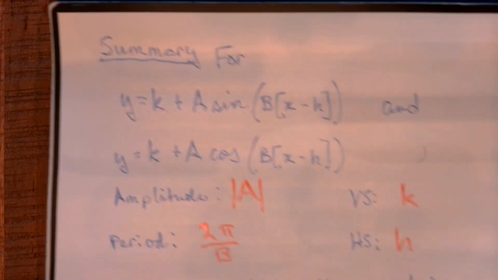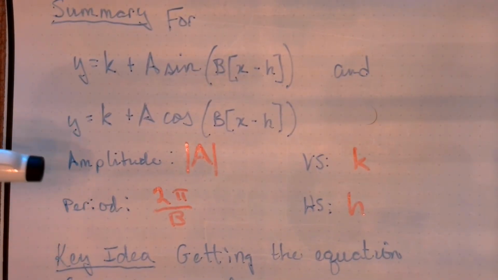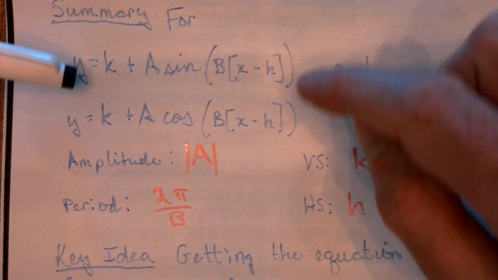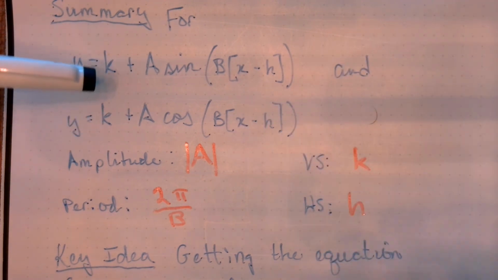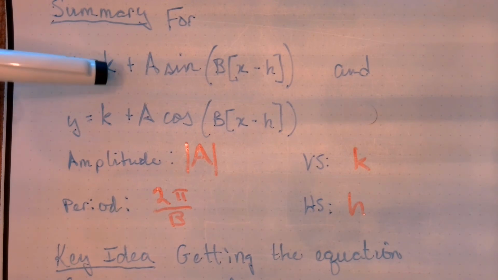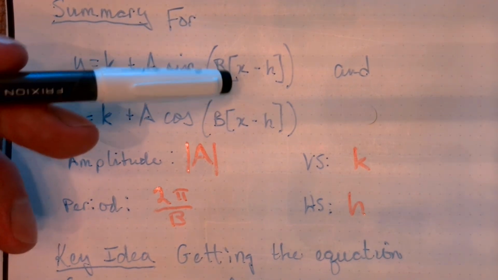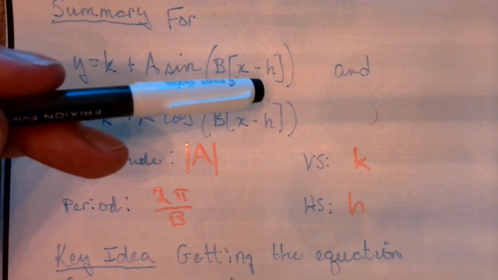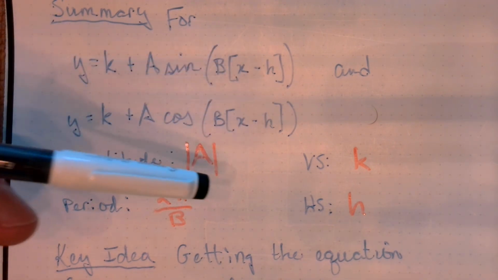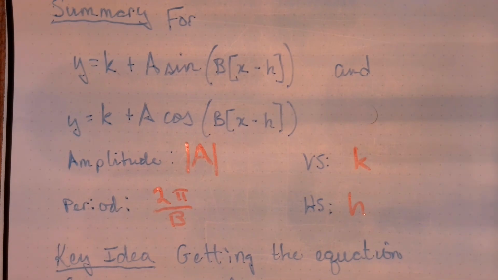Remember, we've got these skeletons here, these schemes, and the schemes work both ways. If you can look at the formula, you can tell the vertical shift and the amplitude, use that to change the period, there's your horizontal shift, and now you can draw your graph. If you've got the graph, you can work it backwards.